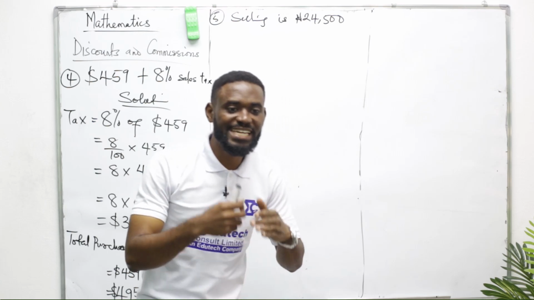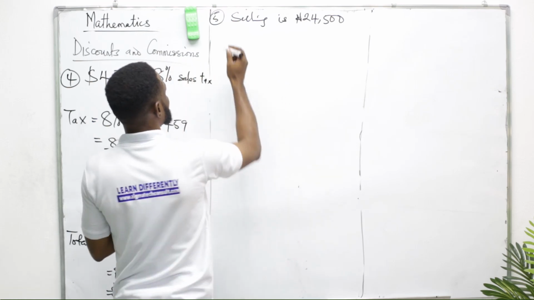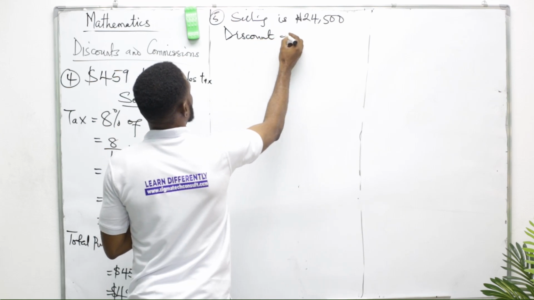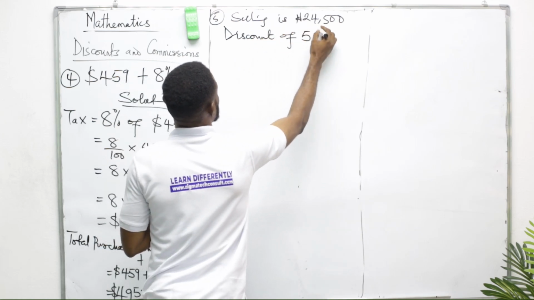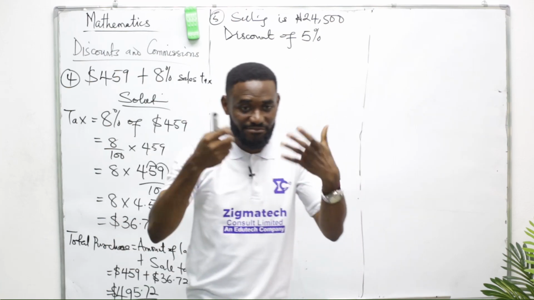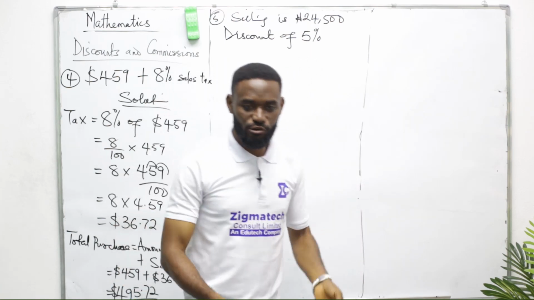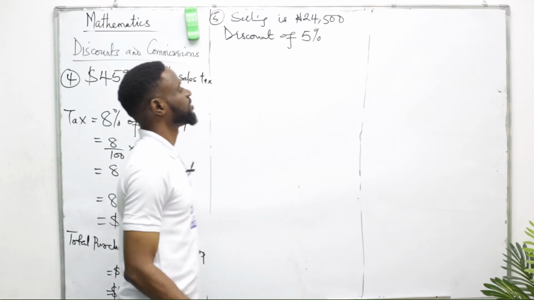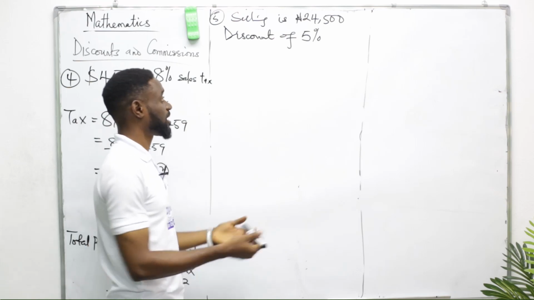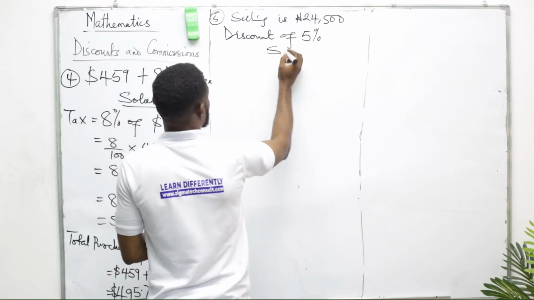They say if a discount of 5% is given, how much does a customer pay? This is simple, very simple. You should be able to do this now, but let's just do it quickly.